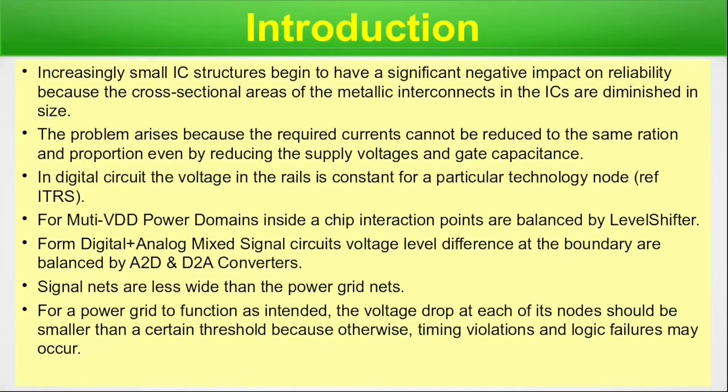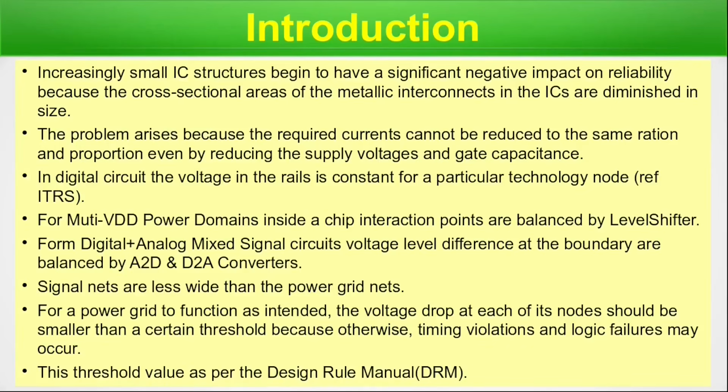In a circuit, we have different nodes from where the branches go out in different directions, carrying power to different parts of the circuit. These nodes should remain static in terms of their voltage level. This threshold value is as per the design rule manual, the DRM, which comes from the foundry. We are done with this particular slide.